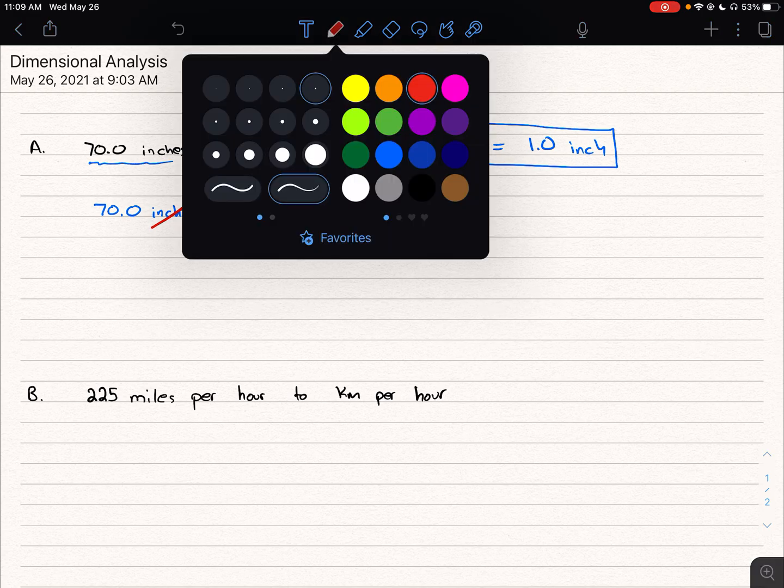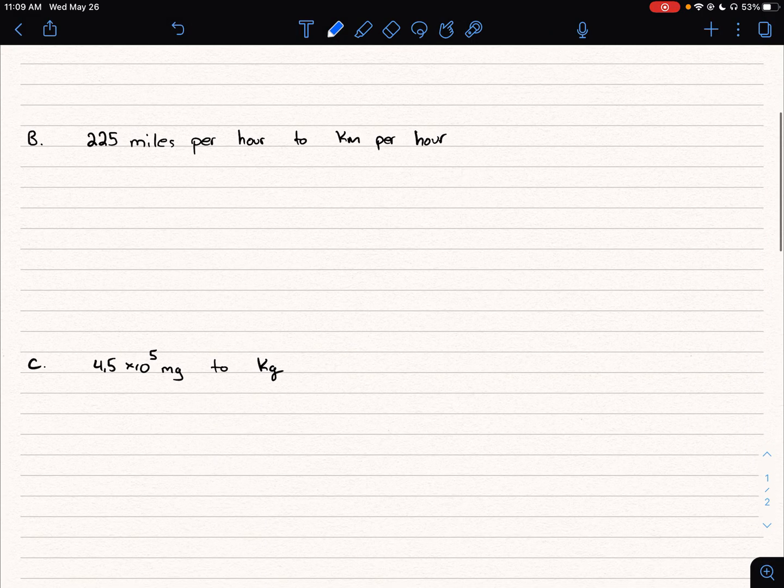So in our second problem, we're dealing with 225 miles per hour to go to kilometers per hour. So the first thing we want to remind ourselves is when you have a phrase such as miles per hour or kilometers per hour, that per is really divide by.